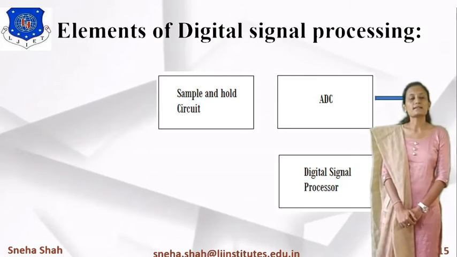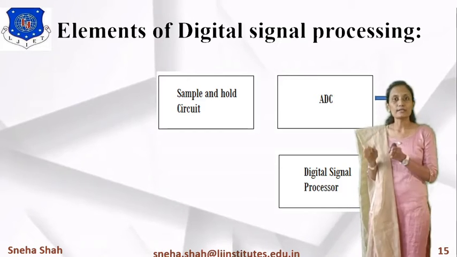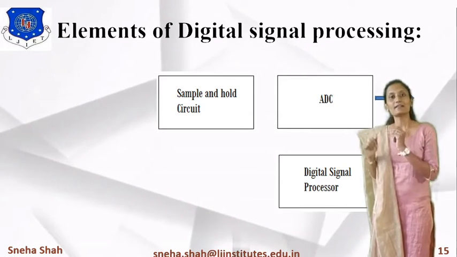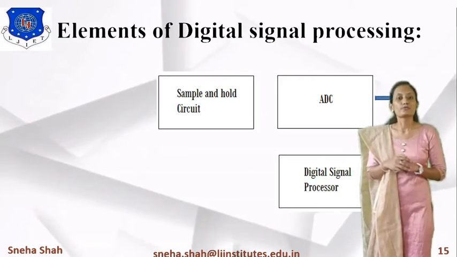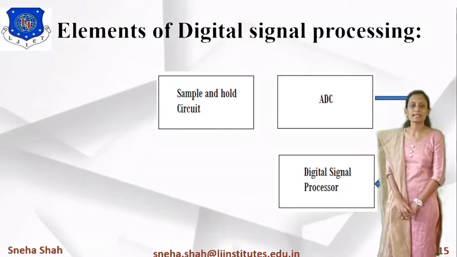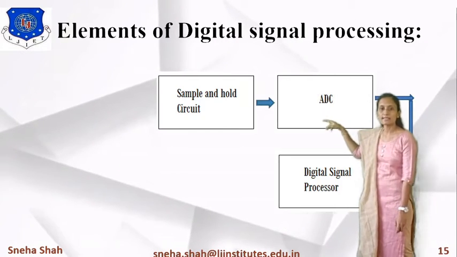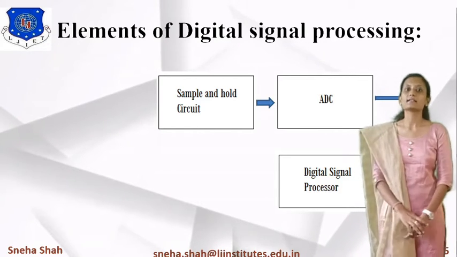It takes a sample at a particular instant of time, then holds that sample until the arrival of the next sample, then applies it to the output. The output of it is given to the analog to digital converter.